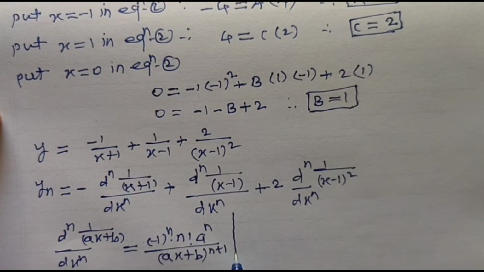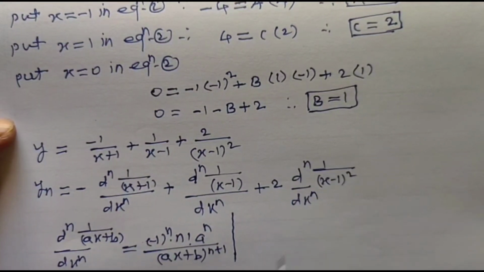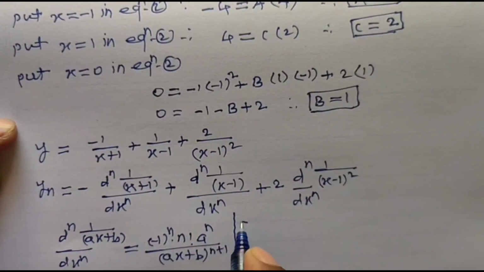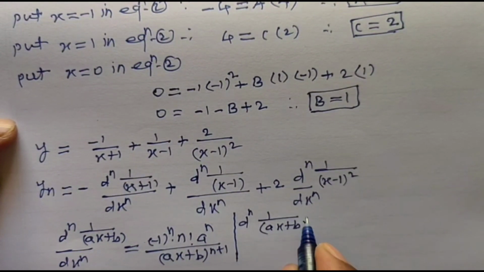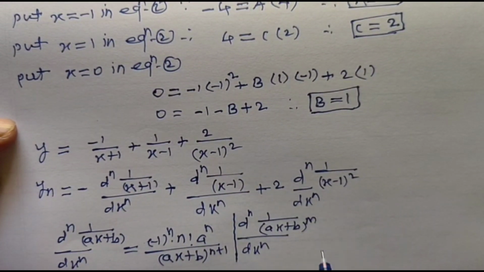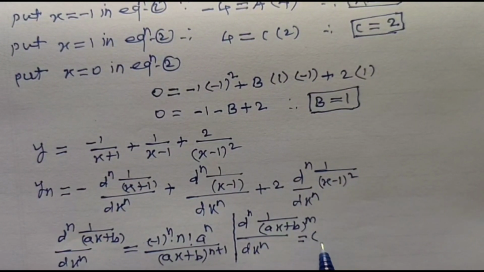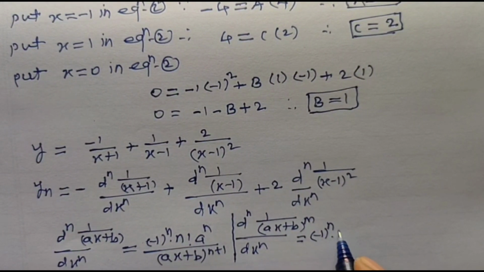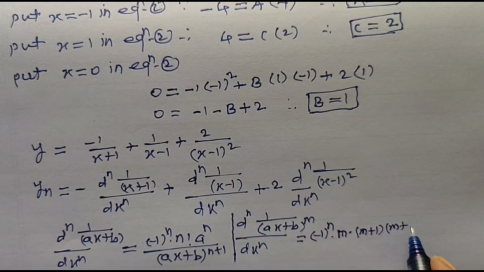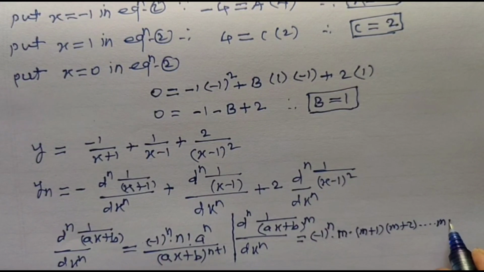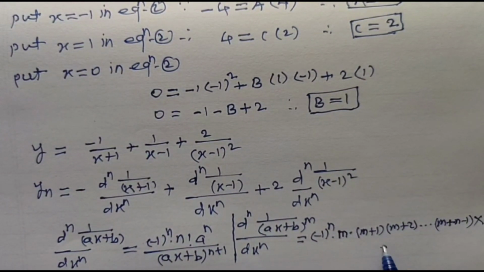And to find the nth derivative of this, we have to apply this formula. The nth derivative of 1 upon (ax plus b) to the power m is equal to minus 1 to the power n, m into (m plus 1)(m plus 2) up to (m plus n minus 1), into a to the power n upon (ax plus b) to the power n plus 1.